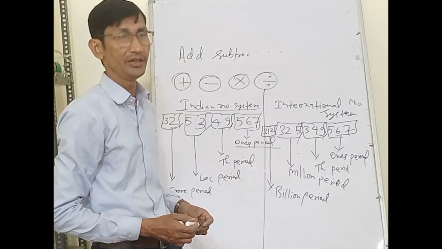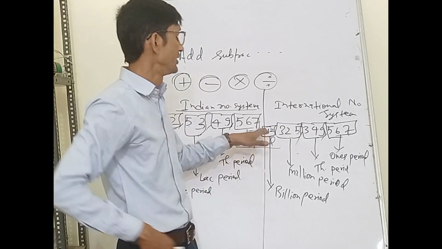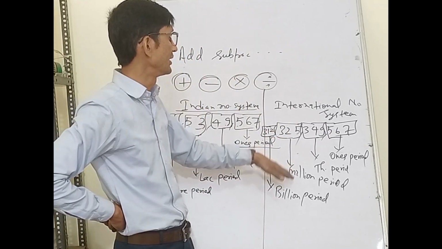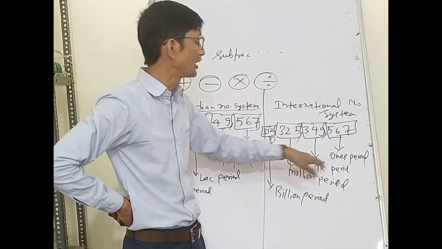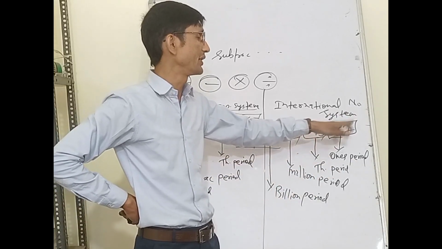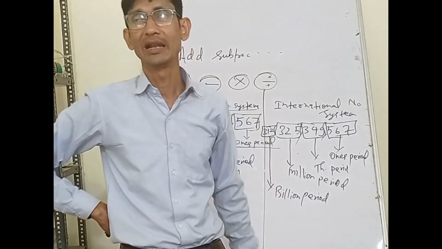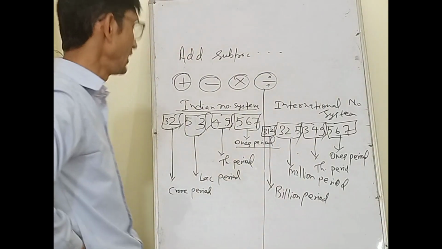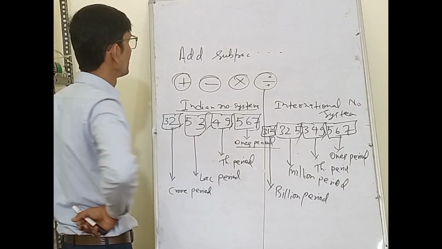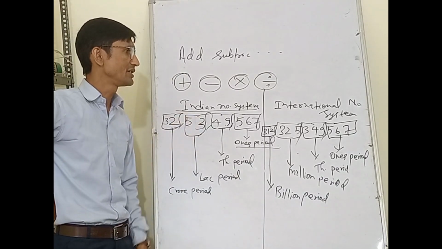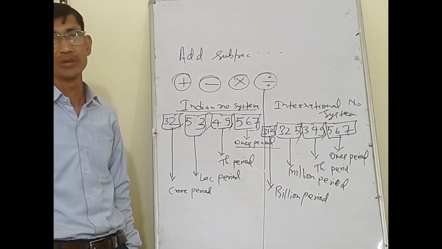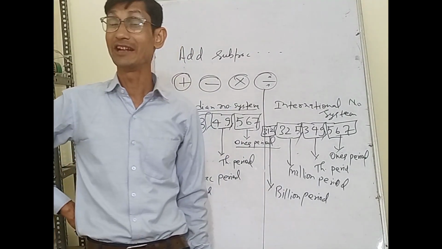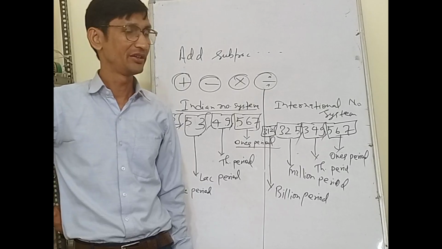Accordingly, you will read it as 312 billion, 325 million, 345,000 and 567. That's all. That is how you will write the number name and pronounce it. That is the main difference between the Indian number system and the international number system: what its periods are, and how you write the number name.